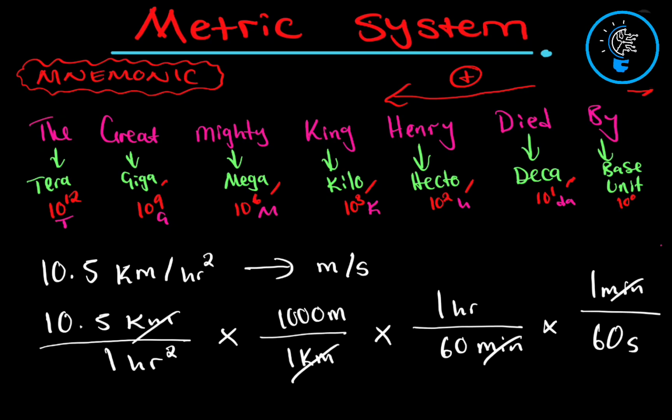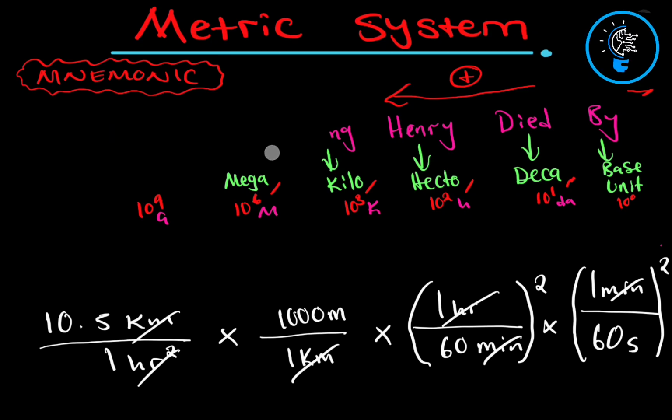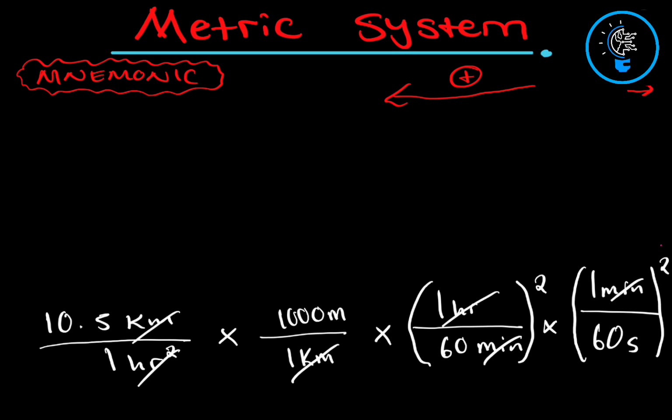This one and that cannot cancel unless we square. So we're going to square that part, and this part has to be squared as well. This way we can see that this unit and that will cancel, and we are going to remain with seconds at the bottom. It's just a matter of now punching them into your calculator. By this time you've mastered what I wrote here.